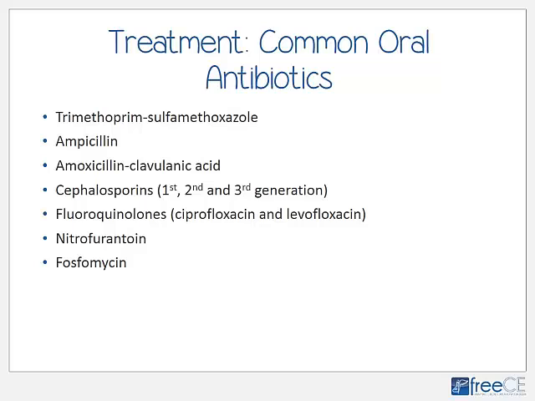Nitrofurantoin is a really nice option. Now, this is something that you can't use in patients that have a creatinine clearance that's less than 30 mils per minute, but many E. coli still retain susceptibility to nitrofurantoin, and this can be a really nice option. Fosfomycin is something that I think people are talking more and more about recently.